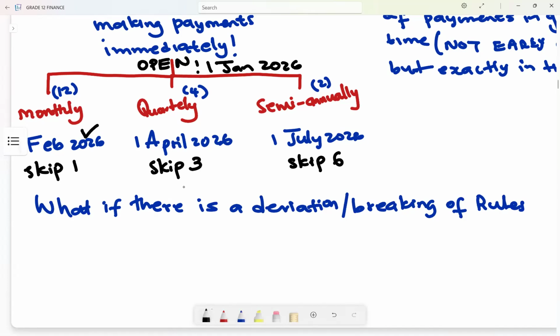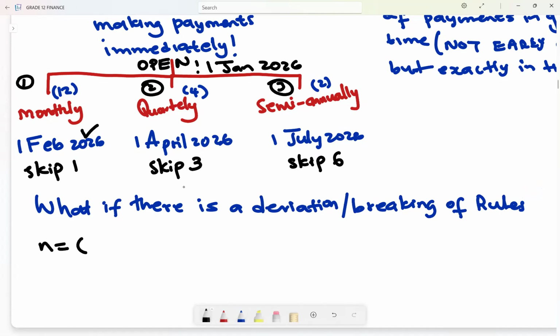What if now on the first one, you start paying immediately. Let's say this is the first one, this is the second one, the third one. On the first one where your interest is compounded monthly, how is it going to be affected? What are we going to do to account for that? What I'm going to do is calculate my normal number of months.